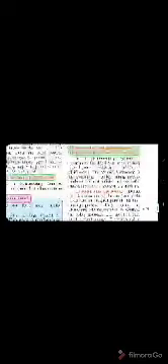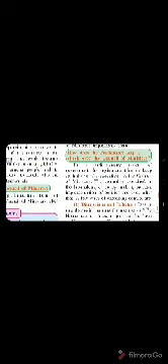Understand? Now the next point: how does the Parliament keep a check over the Council of Ministers? It is a very important thing that the Parliament should keep a check on the Council of Ministers. Otherwise, whatever they want to do, they will do. So a check should be there.